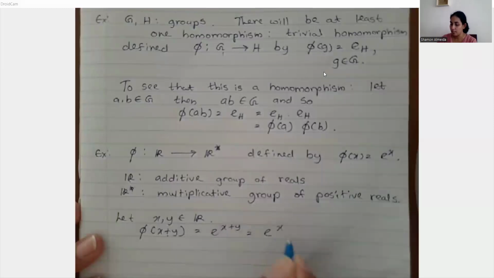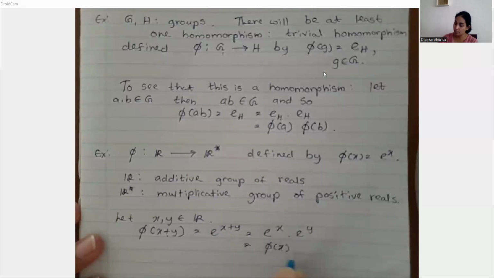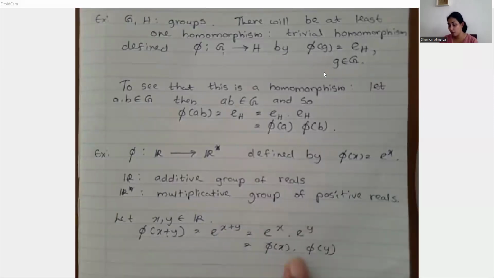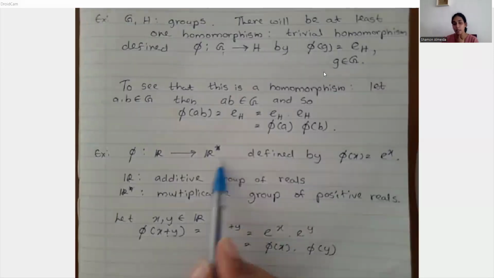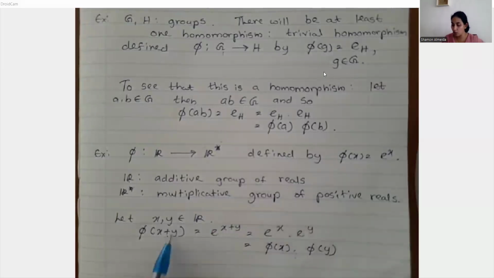You can write this as the exponential function of x times the exponential function of y. By definition, this is simply phi of x times phi of y. Why? The binary operation over this set is simply multiplication, while over the domain the binary operation is addition.